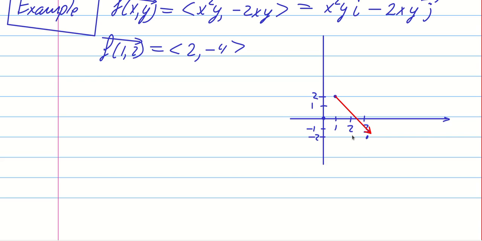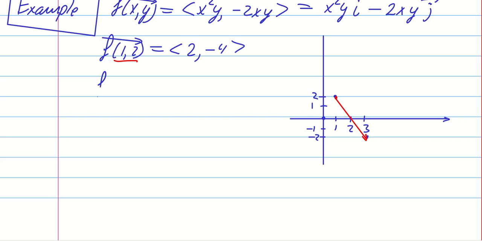Just like this. So this is our vector: its tail is at the point 1, 2, and it's the vector 2, negative 4. So it goes 2 units to the right, 4 units down.